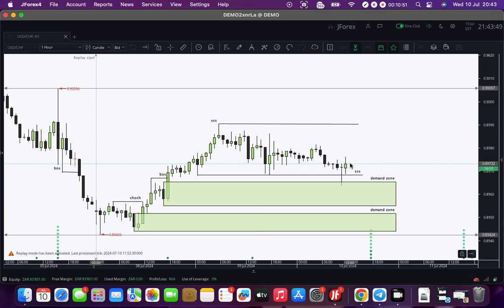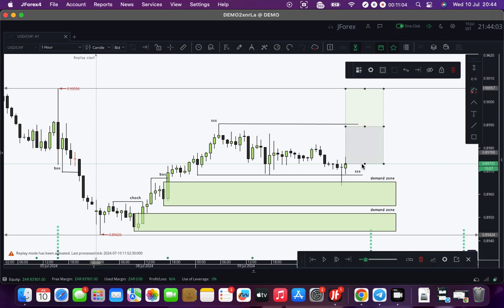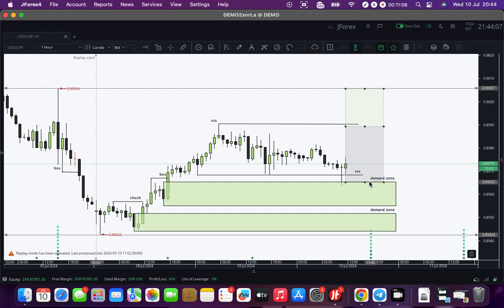So you're just going to put your entry level just like that, and then you target what? Your first target is going to be this liquidity here, and your overall target is going to be that overall high there, meaning once it gets to the area of liquidity, you are just going to secure partials.